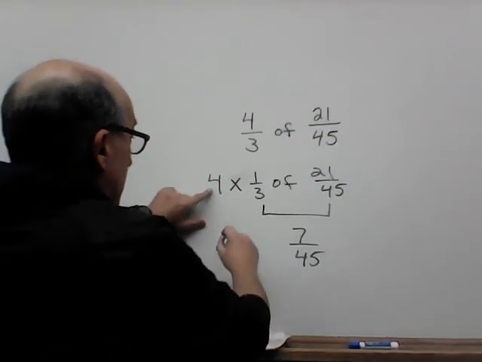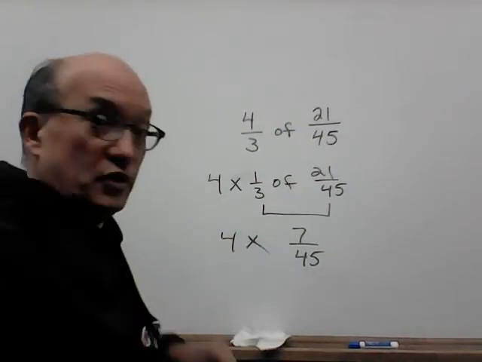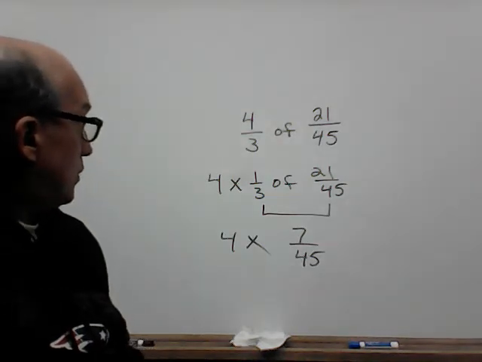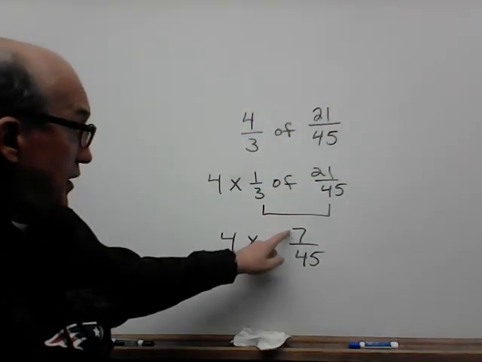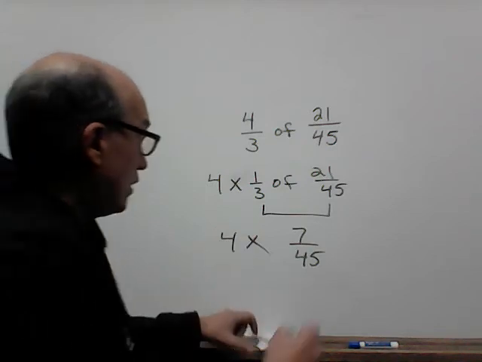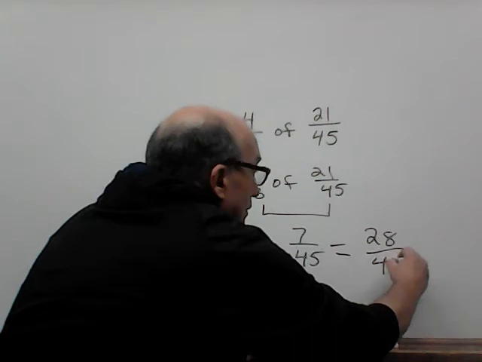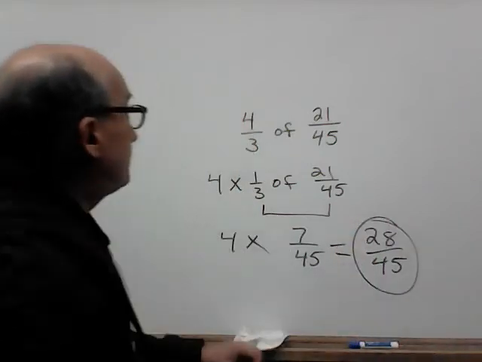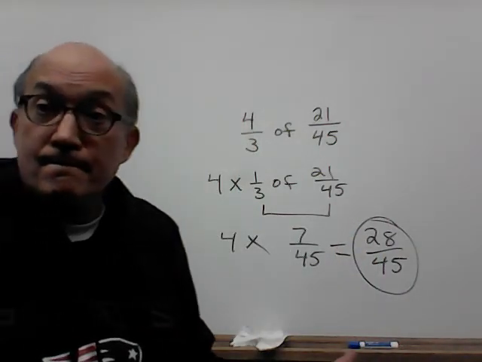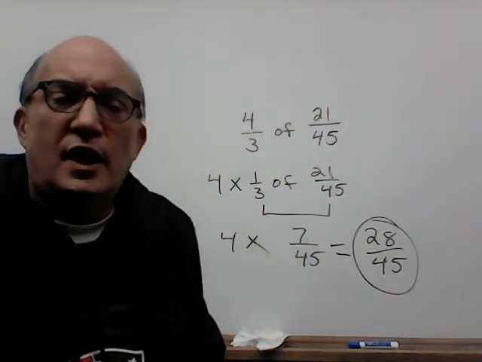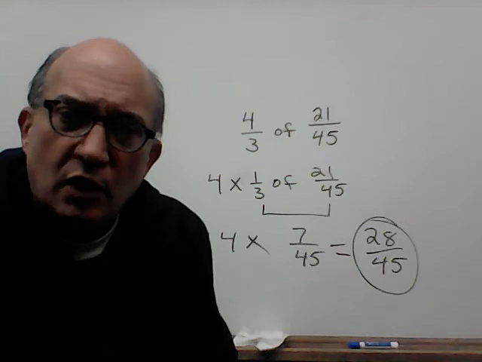But if we're interested in 4/3 of 21/45, we have to multiply that 7/45 by 4 to get 28/45. Okay, pretty easy. We could show that on a number line, but I think we will close it off now.